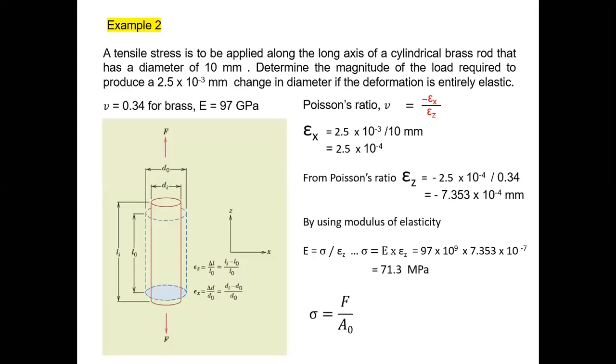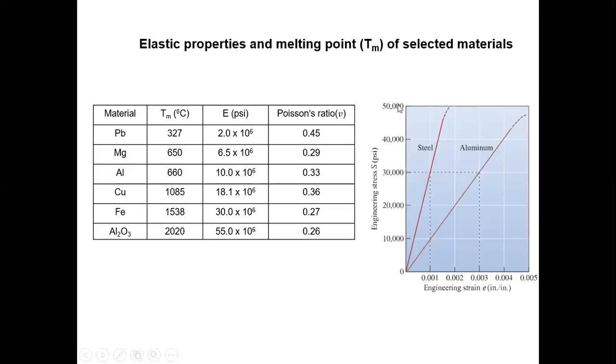Let's say this type of graph. This is only a part of the graph. This graph shows the variation of stress and strain. How do you get the information?